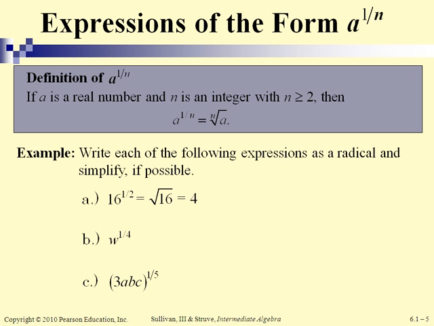Now, let's write the result for each problem. What is 16 to the power 1/2? That means what? Square root of 16, which is 4. Now, what is w to the power 1/4? It is the 4th root of w. You don't know w, so that's it. Now, what is 3abc to the power 1/5?